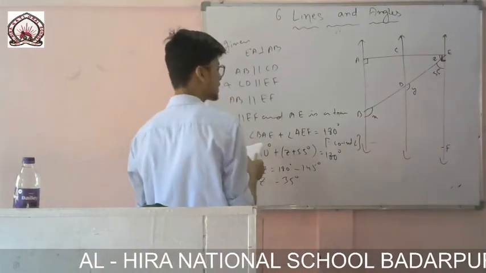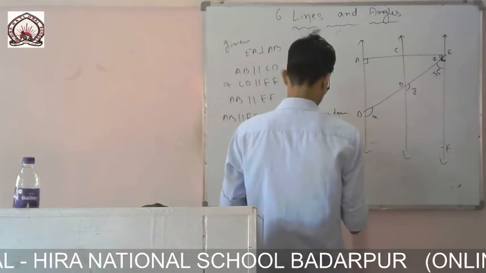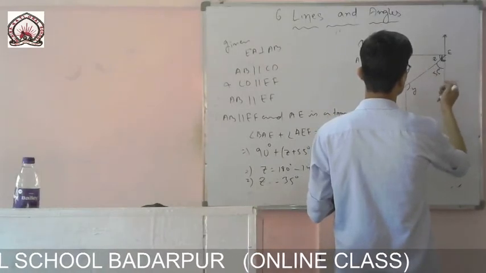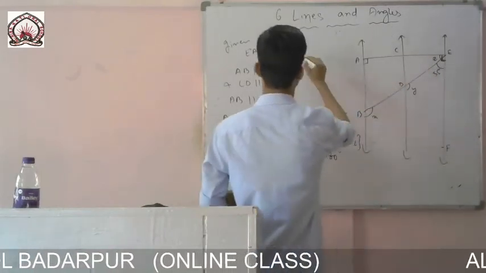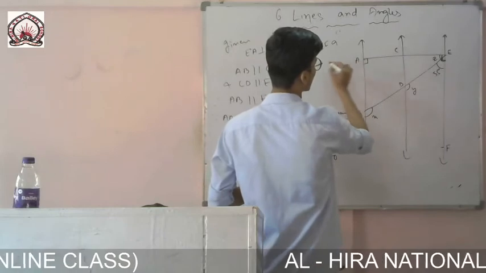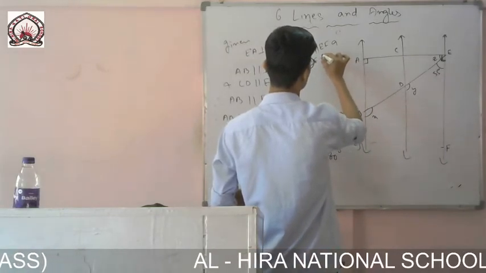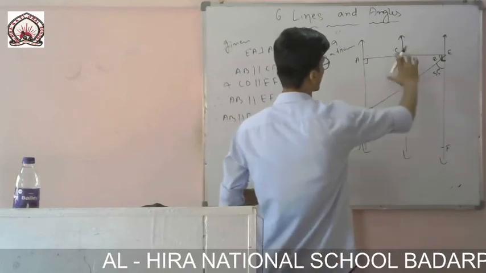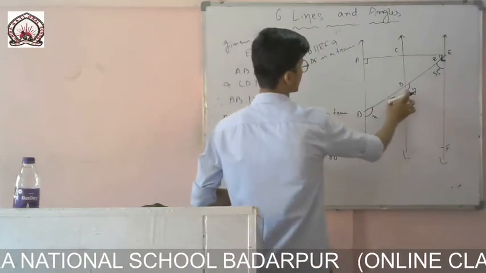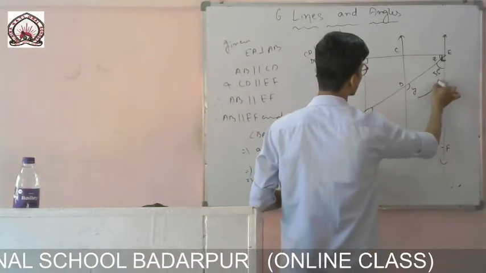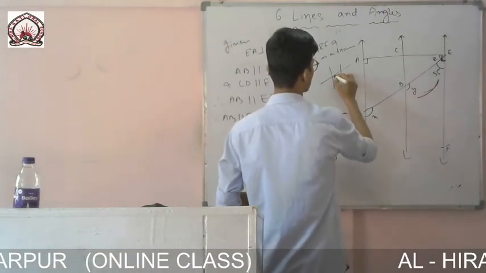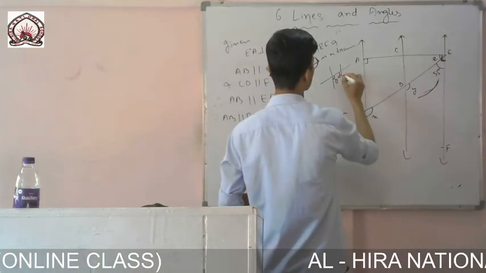Now you see here, now I can find angle Y. If I take CD parallel to EF and DE as a transversal, then this angle Y and this angle 55 will be co-interior angles.